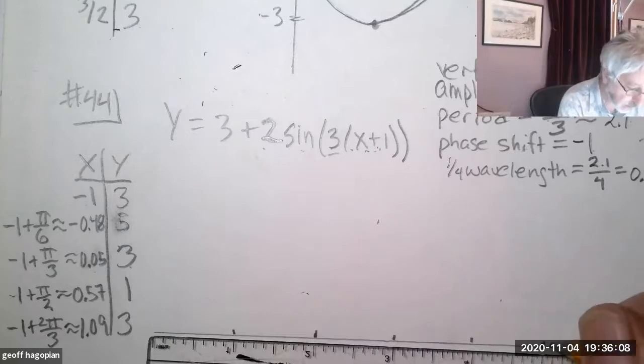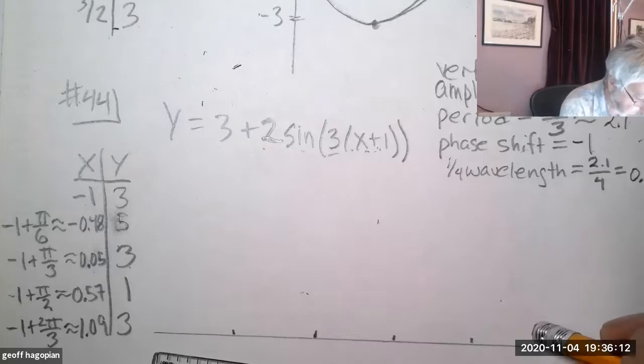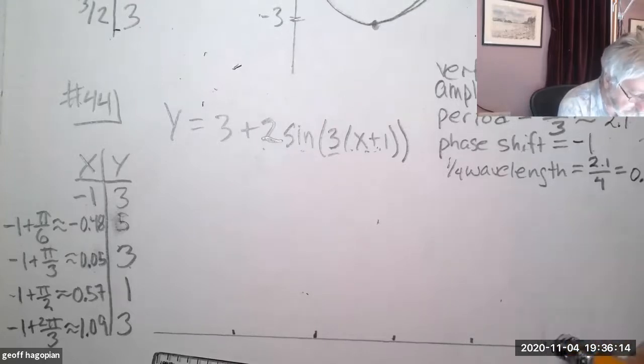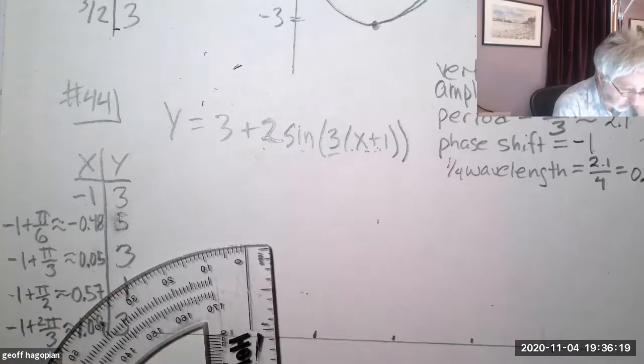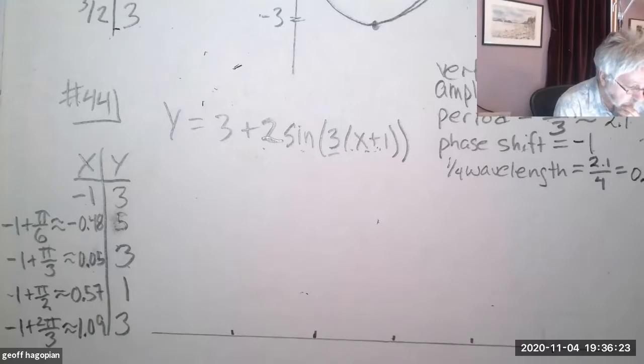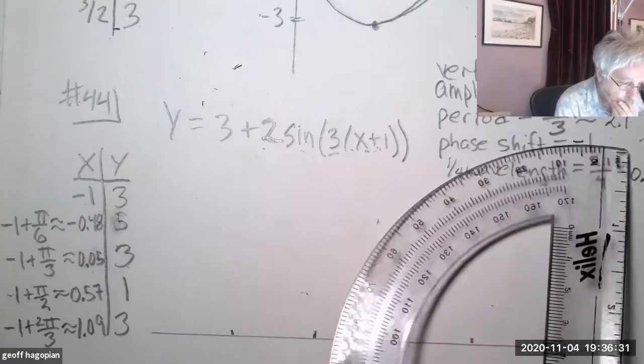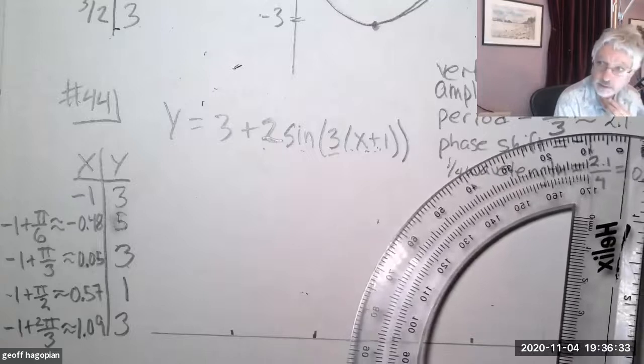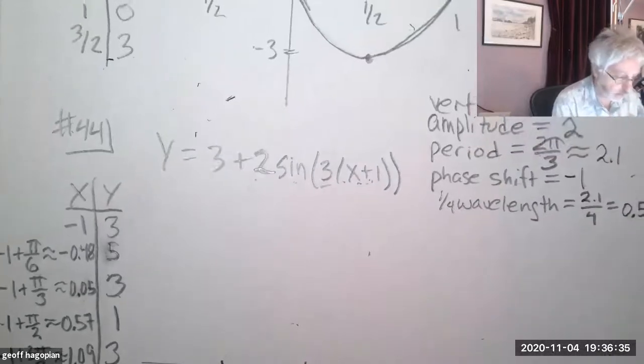My hash marks are not going to be perfectly evenly spaced. And we're starting about half a wavelength to the left. Yeah, we're starting at -1 and the wavelength is approximately 2.1, right?